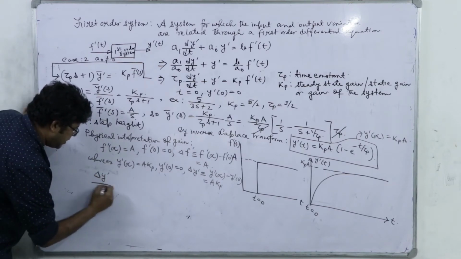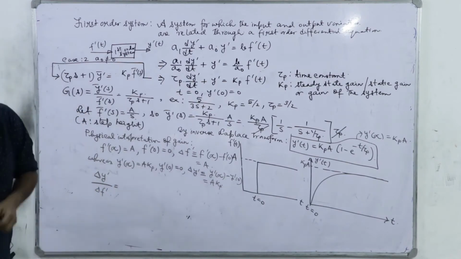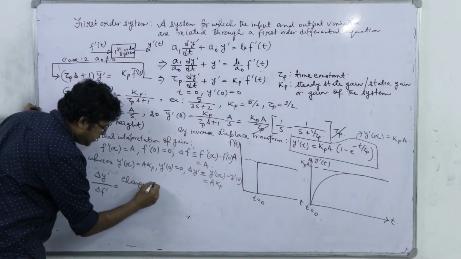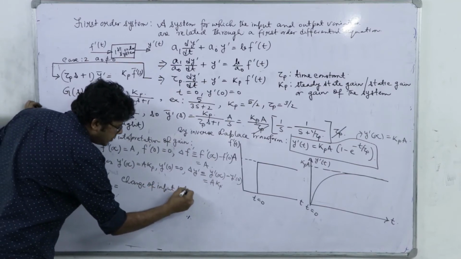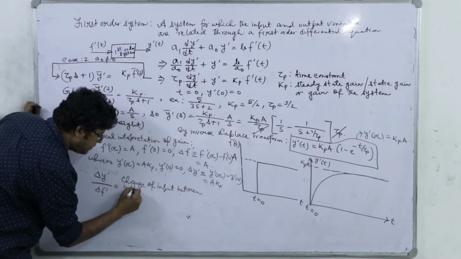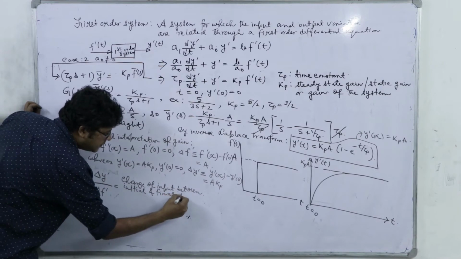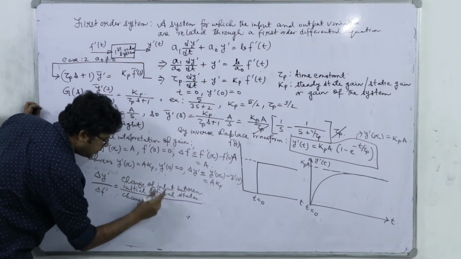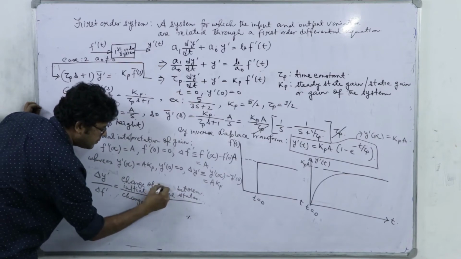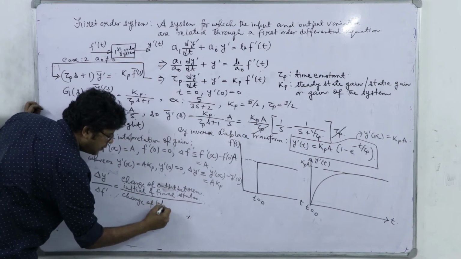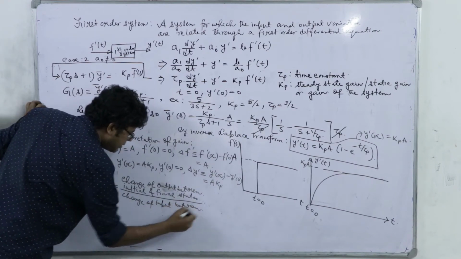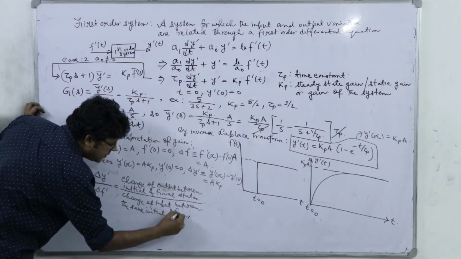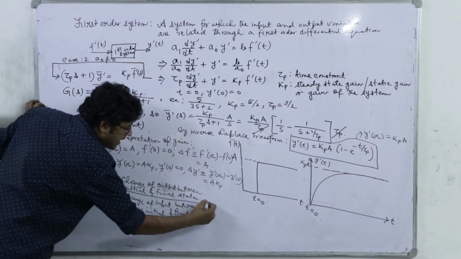So delta of y prime by delta of f prime, that is basically the change of output between initial and final states divided by the change of input between the same initial and final states, that is gain.